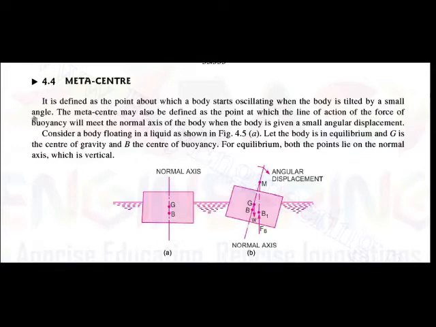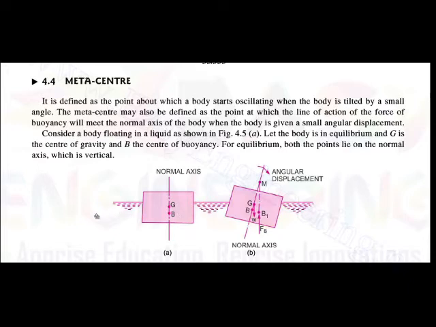So the metacenter may also be defined as the point at which the line of action of the force of buoyancy will meet the normal axis of the body when the body is given a small angular displacement. First consider the body which is floating over the liquid.